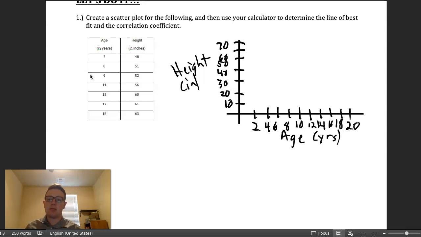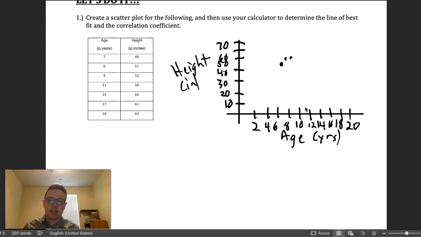And let's create our scatter plot. Starting at age 7, we see someone who is at 48 inches, so close to 50. At age 8, we have someone who's 51, so a little bit higher. At 9, 52, so right about in the same area.